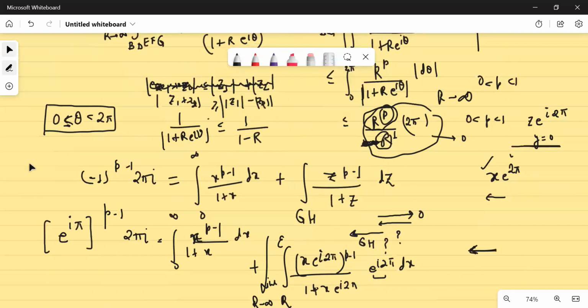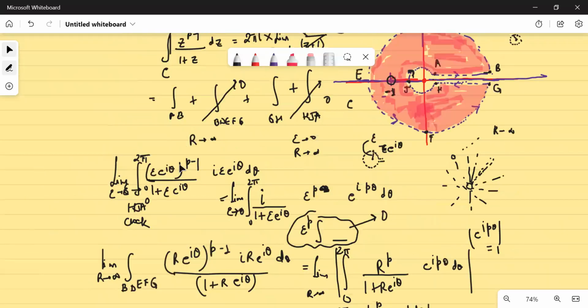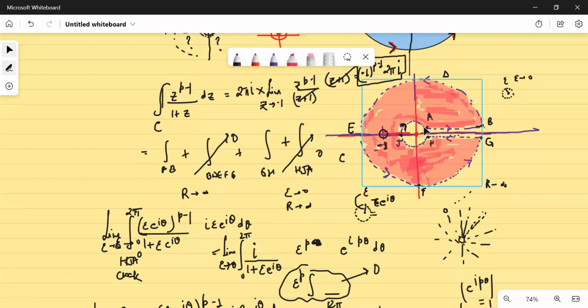Okay, okay. So yesterday we were doing this question, and you can clearly remember that along HJ the integral was zero, and along BDEFG the integral was zero. So we were left with only the integral along AB and the integral along GH.